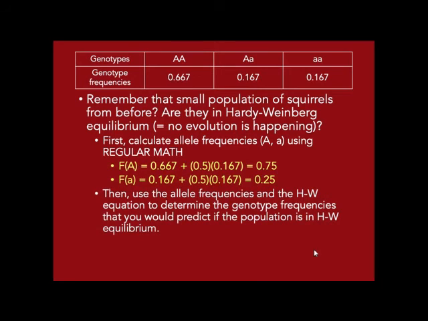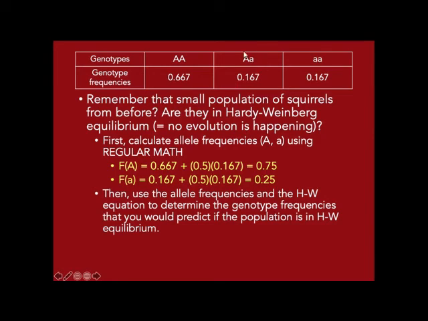Okay, so for the frequency of big A, 100% of the alleles in big A individuals are big A's, right? So we just did 0.667, or you can imagine that's multiplied by a 1, for 100%.